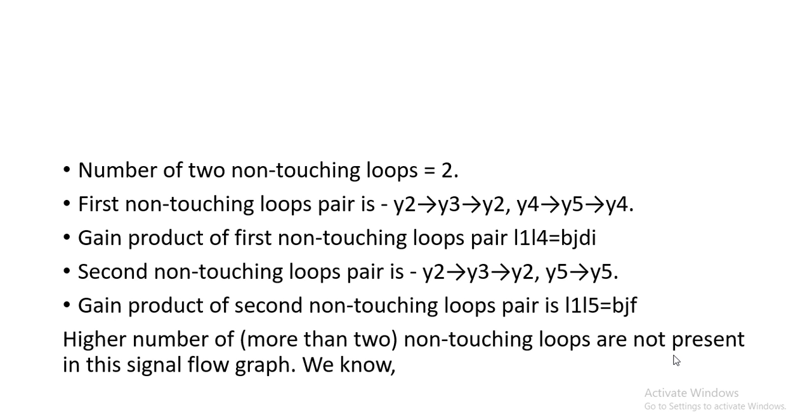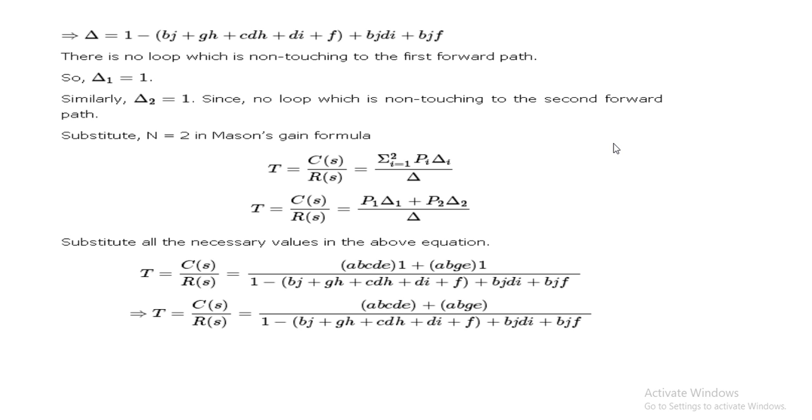In this example, delta 1 is related to the first forward path, and there is no loop which is non-touching to the first forward path. So that's why delta 1 will be 1.